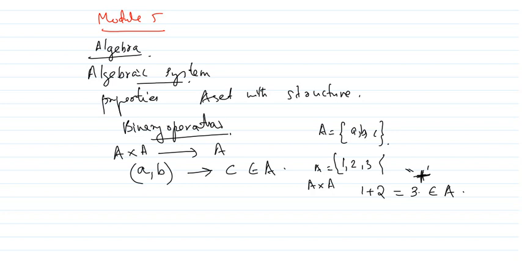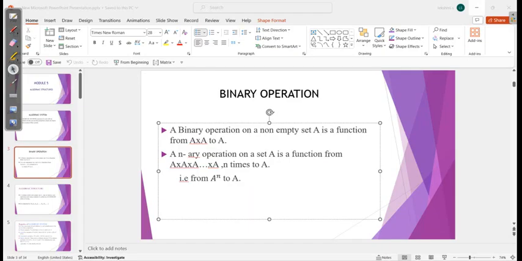And if there is A cross ... cross A, that is n-tuples (a1, a2, ..., an), that goes to an element in the same set A, we can say that it is an n-ary operation. Next one is algebraic structure.